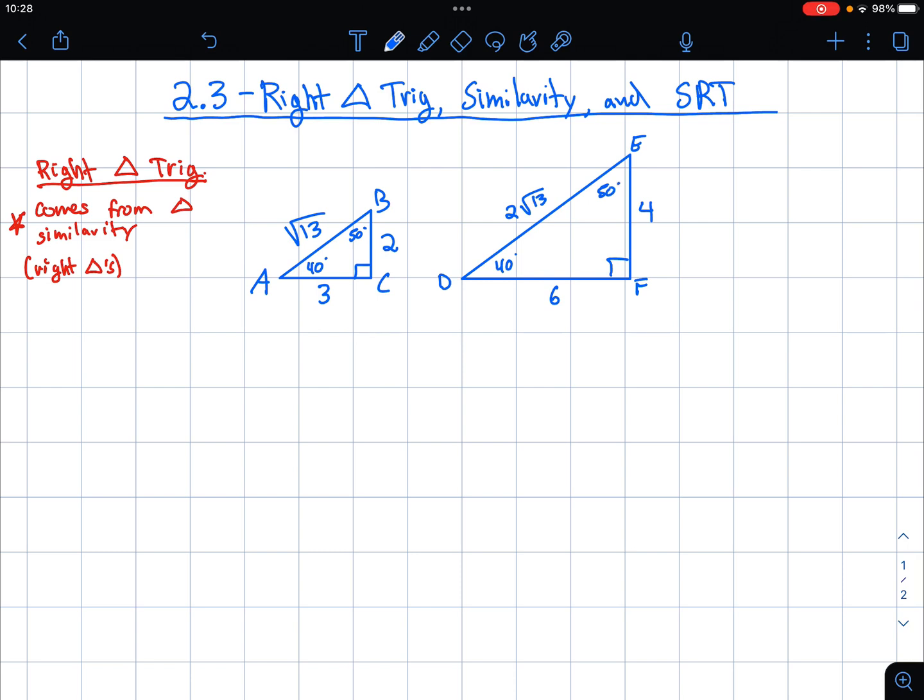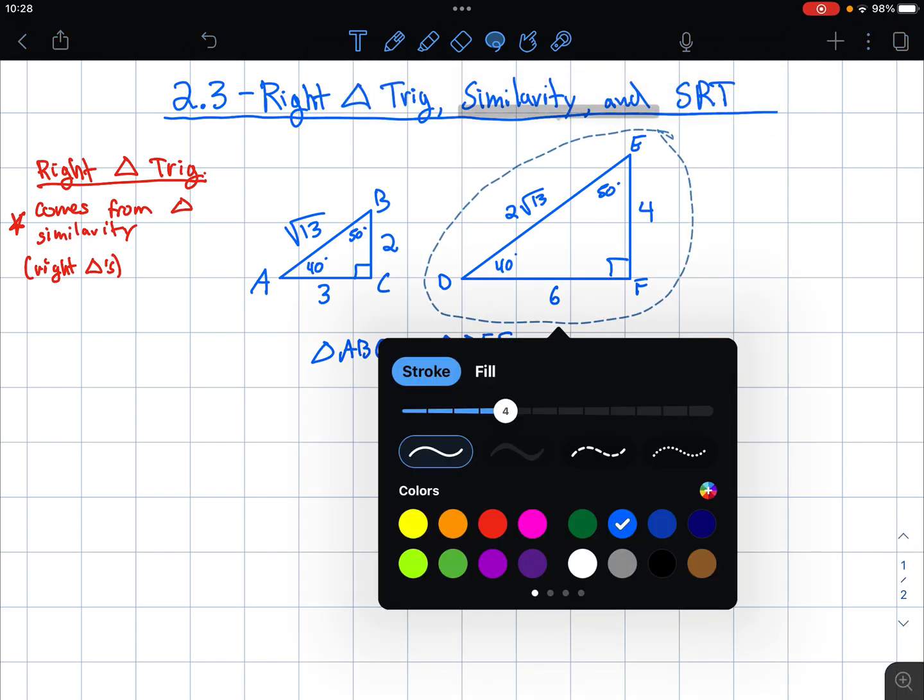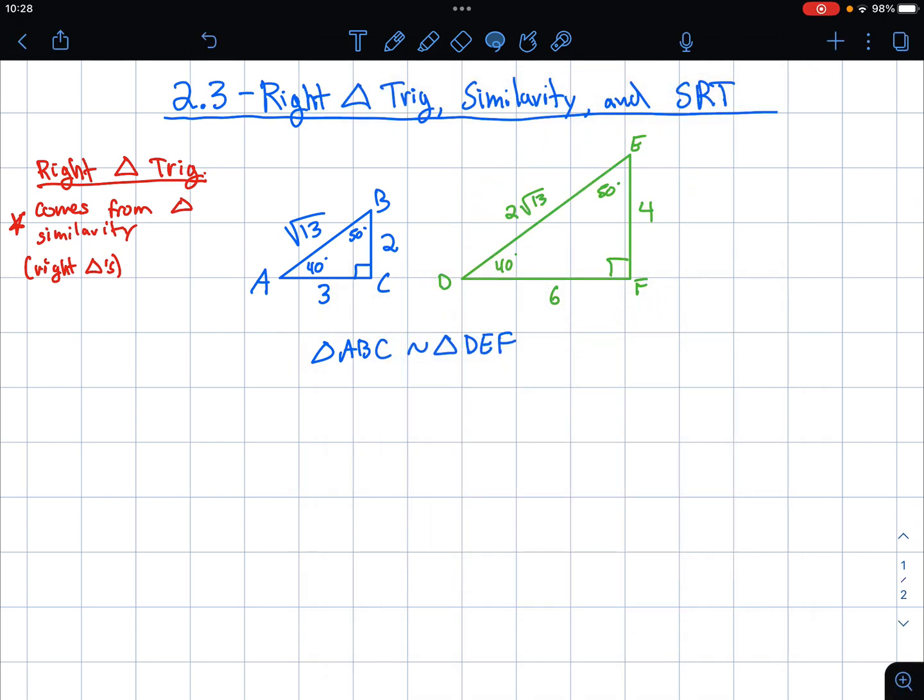So we would say here that triangle ABC is similar to triangle DEF. Let me change DEF's color to green to make it easier to keep track of. So here we would have a scale factor of k equal to 2.